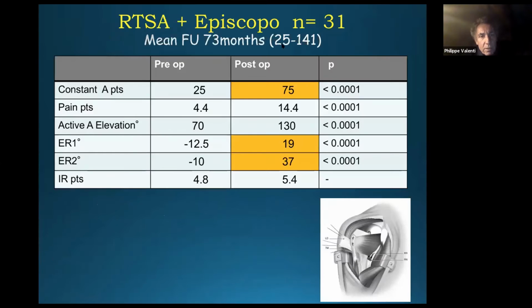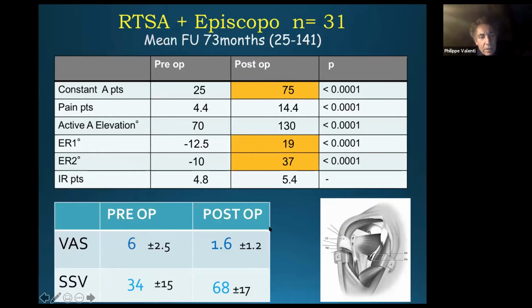You see that in this series we systematically restore active external rotation. The Constant score is better, 75. I don't understand that, but if you compare with the classical reverse and reverse with L'Episcopo, the Constant score is better. And regarding the function of the shoulder, it is the same, 70%.